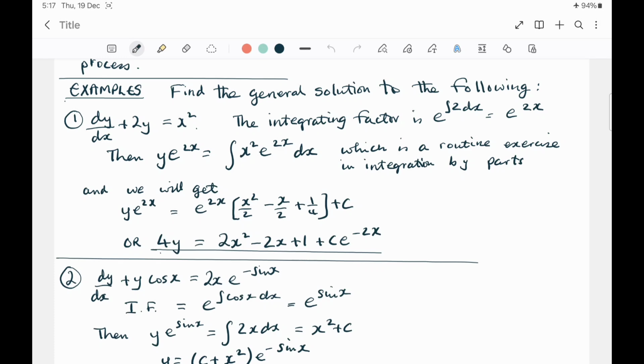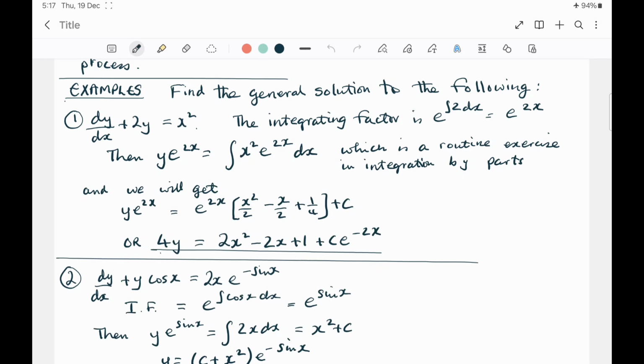Now this is just a routine exercise in integration by parts, and what you will end up with, on the left-hand side, y e to the 2x, and on the right-hand side, e to the power 2x, and in brackets x squared over 2 minus x over 2 plus 1 upon 4, plus your obligatory constant c.